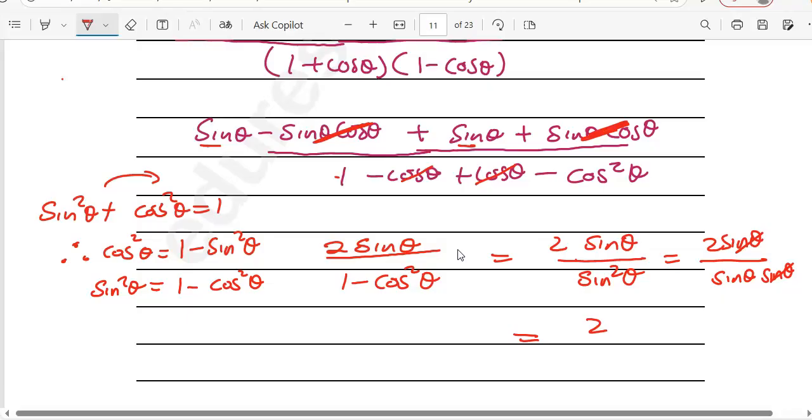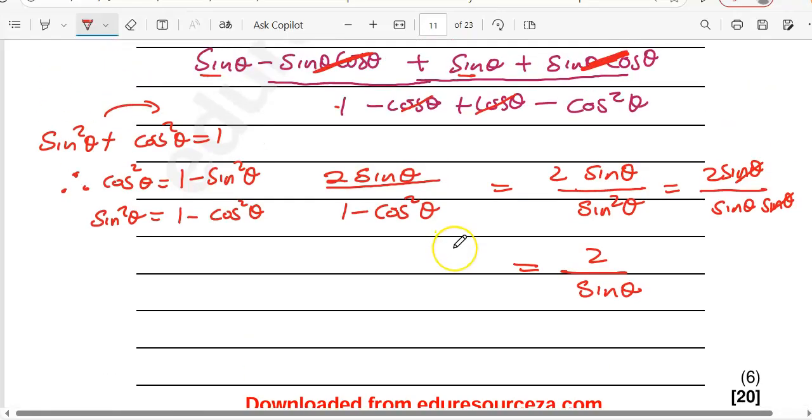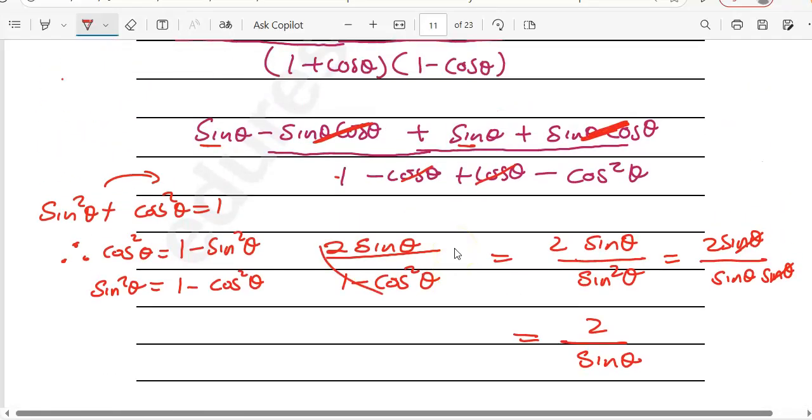I'm left with 2 over the sine theta. Then you can celebrate now and say, therefore, left hand side is equal to right hand side. I hope everyone is happy with how we did this.